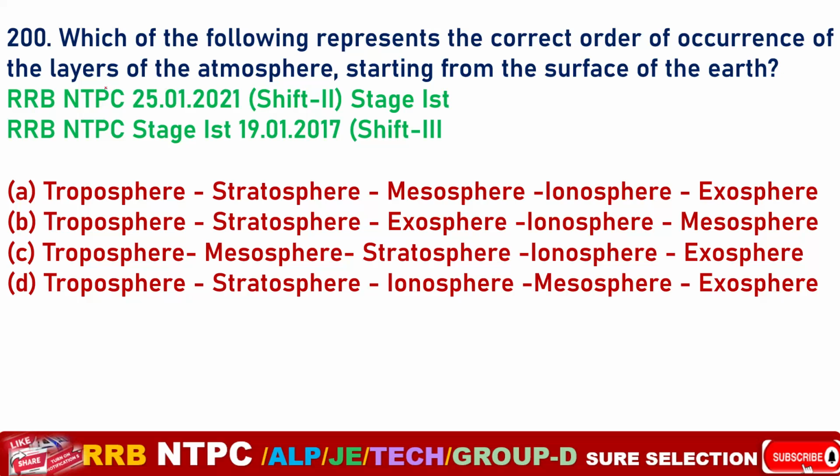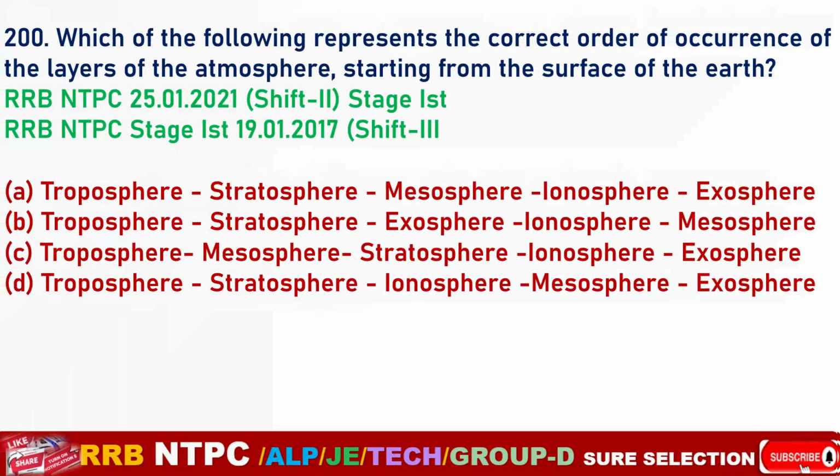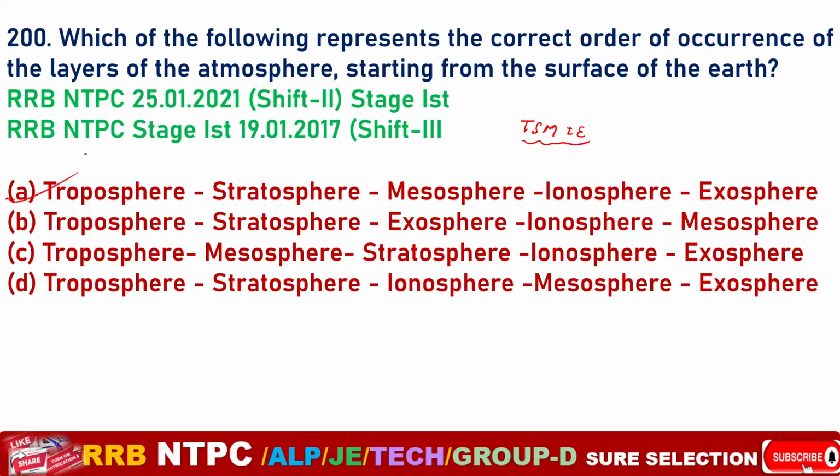Troposphere, stratosphere, mesosphere, ionosphere, exosphere, absolutely correct. TSMIE is correct. So this is the first option which is correct. Troposphere, stratosphere, mesosphere, next is ionosphere, also called thermosphere, and the last is exosphere.